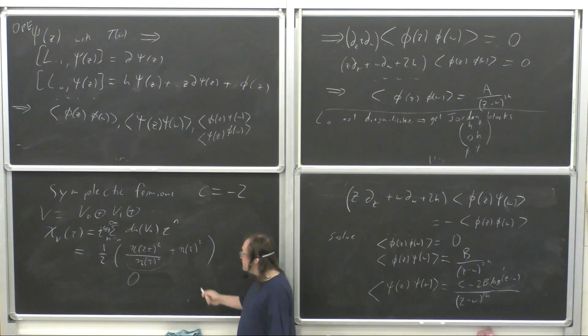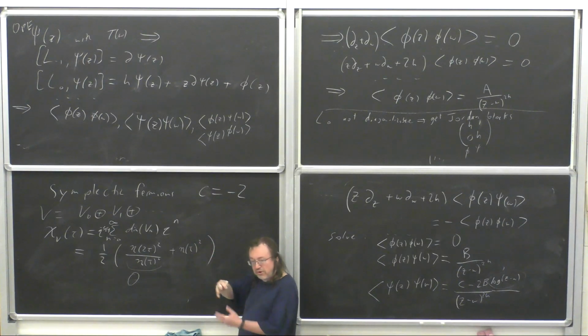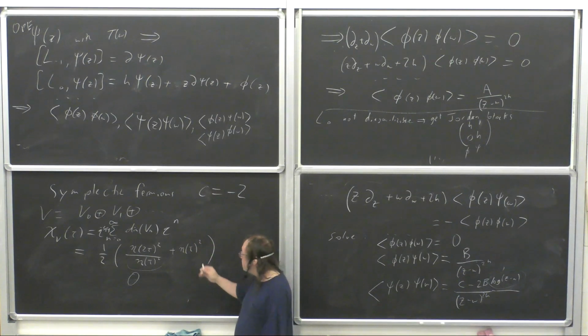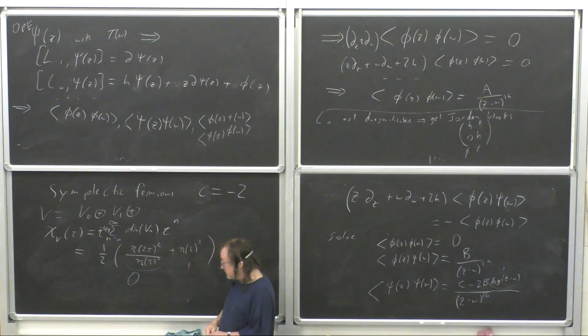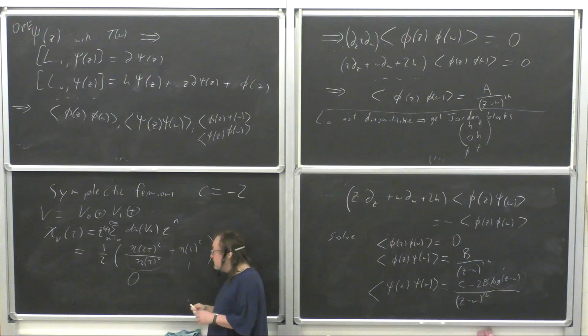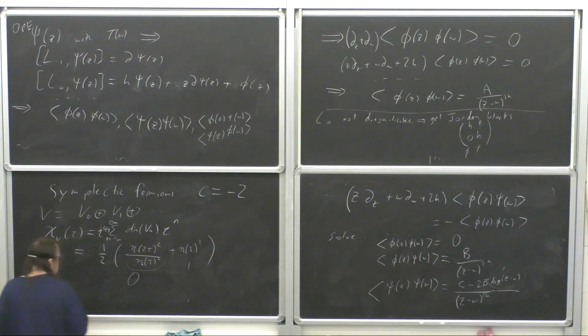The modular weight of this, well, eta has modular weight 1/2. This is a grading on the ring of modular forms. And so eta squared is going to have weight 1/2 plus 1/2, weight 1. So what we have here, the character of our VOA, the symplectic fermions, is a mixed weight modular form. So it is a modular form, but it's mixed weight.